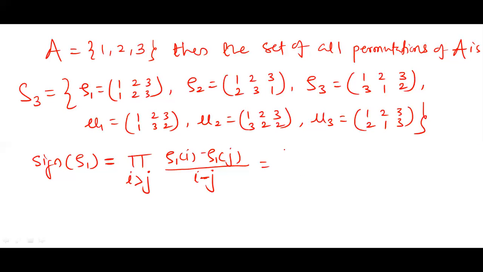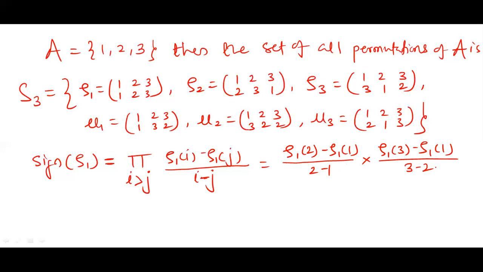Rho 1 of 2 minus rho 1 of 1 divided by 2 minus 1, rho 1 of 3 minus rho 1 of 1 divided by 3 minus 1. For j is equal to 1, we'll get these two terms. Now take j is equal to 2, we'll get rho 1 of 3 minus rho 1 of 2 divided by 3 minus 2.